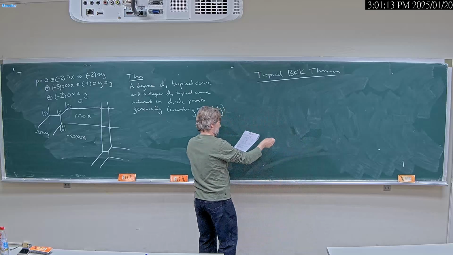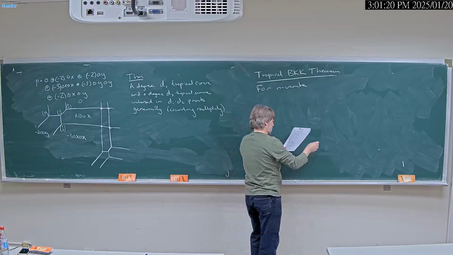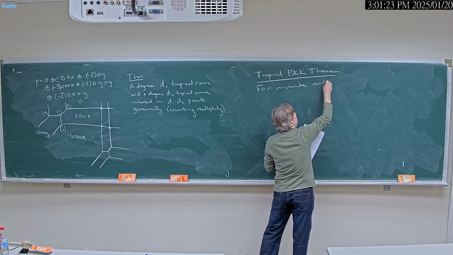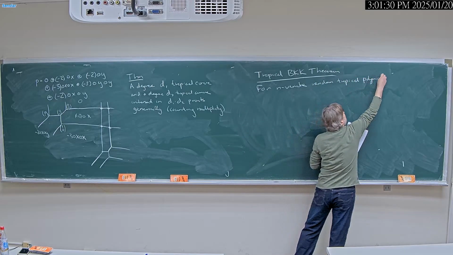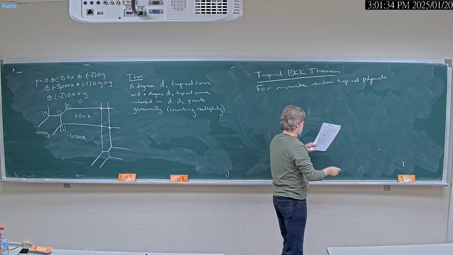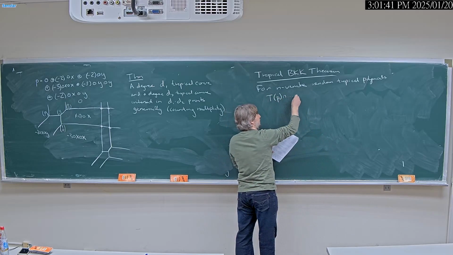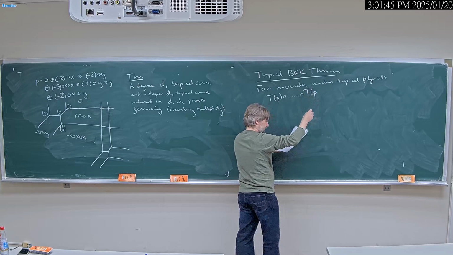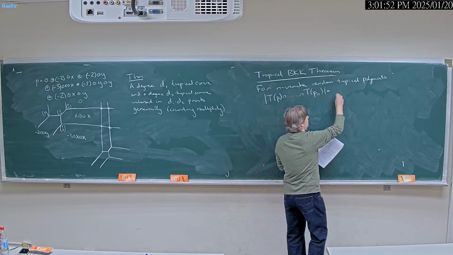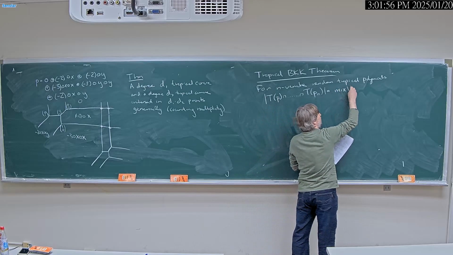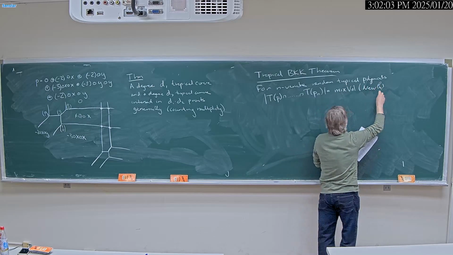And what does it say? It says for random tropical polynomials, the number of intersection points of the tropical hypersurfaces, if there are n of those, is going to be equal to the mixed volume of the Newton polytopes of the polynomials.